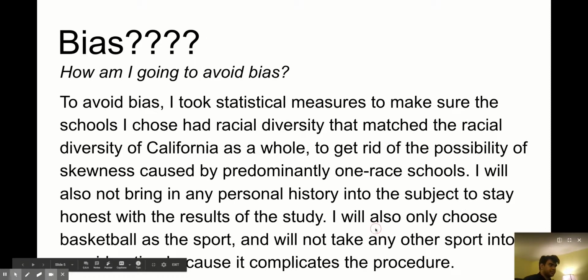So bias. How am I going to avoid bias? I'm taking some measures to make sure that I get the racial diversity of schools that matches California racial diversity. For example, I'm not going to choose a school that is predominantly white, where the school demographics are 90% white and 10% every other race.